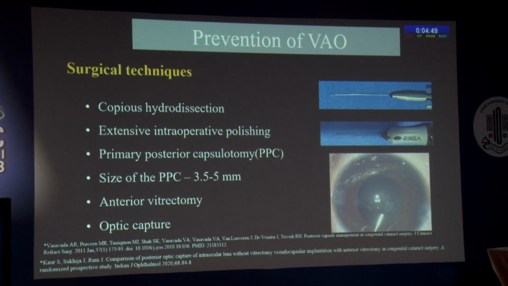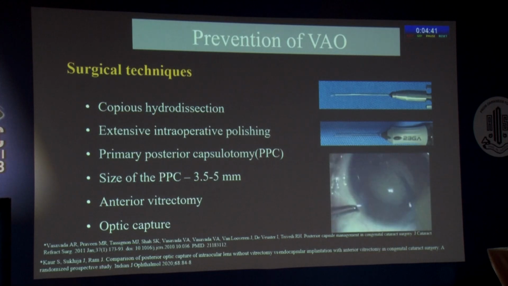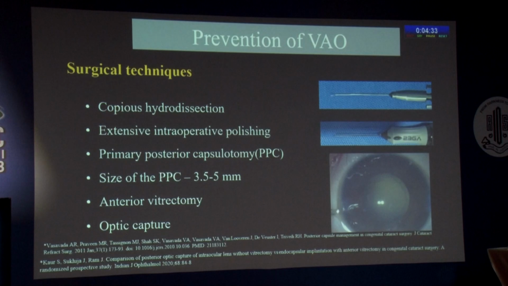The next key thing you can do to prevent posterior capsular opacification is a posterior capsulotomy. Here the sizing of the capsulotomy is important. 3.5 to 5 millimeters would be a safe size to prevent a membrane from forming. And you can use a cutter or a rhexis forceps to do it.